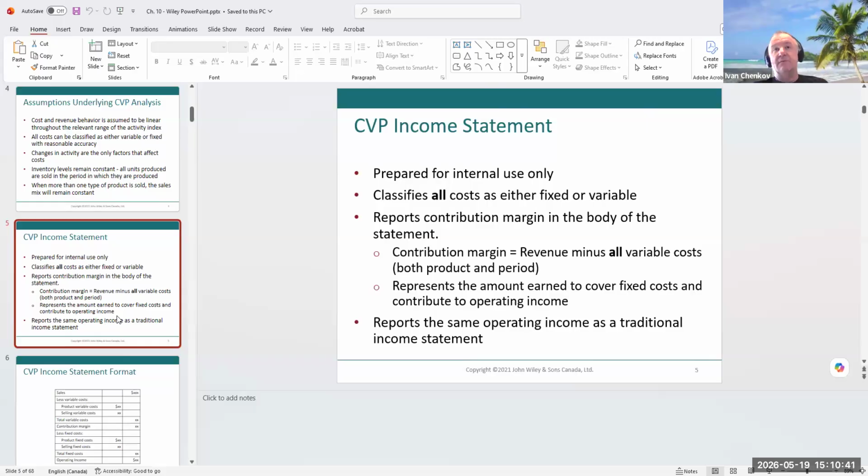In order to understand this, we have to prepare income statements. The income statement we're going to prepare is in the form used for cost volume profit analysis. What that means? Let me open one Excel spreadsheet, and I'm going to show you quickly how this is going to work.